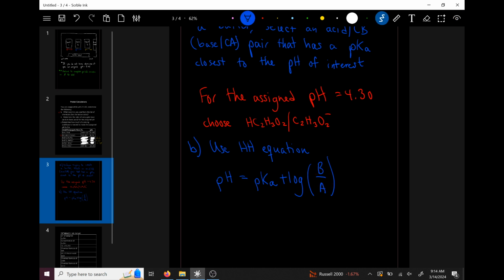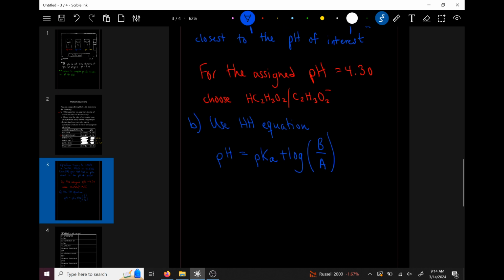So I want to reorganize this equation, okay? I'm trying to solve for B over A, and just B over A, not the log of B over A. So first, I'm going to subtract pKa to the other side, so that we have pH minus pKa is equal to the log of B over A, where B is the acetate ion and A is the acetic acid.